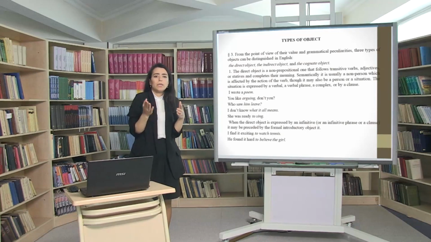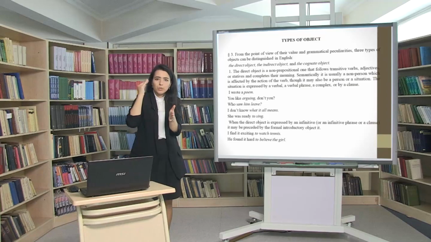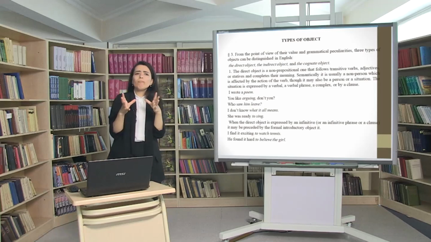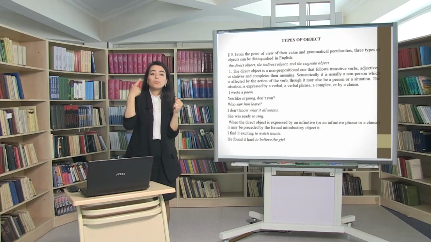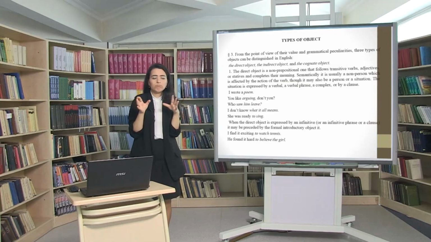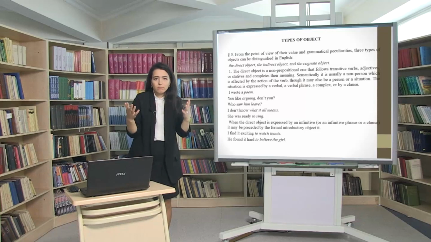For example, in the subject lesson, we learned that it can be used as a subject in 2 or 4 functions. One of them was the notional it. In this sentence, we use it only as a personal pronoun. For example, I say that her room is very dirty. It is in a mess.